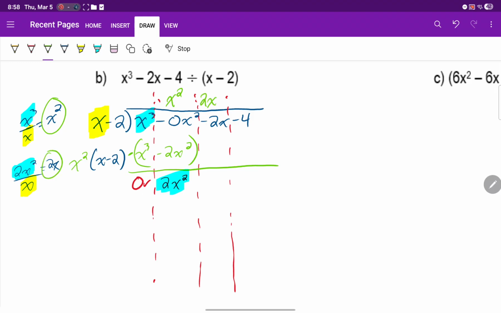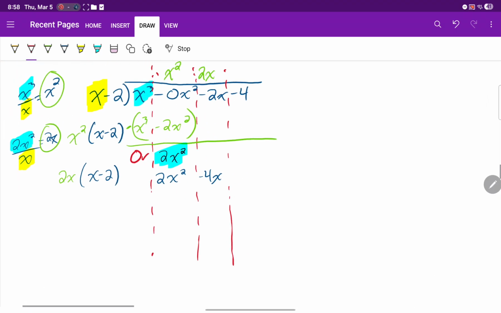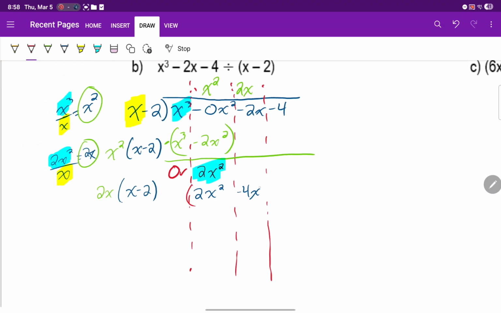Circle that in green, put that up at the top, 2x. Perfect. I put the number at the top. I'm going to go 2x times my divisor, which is x minus 2. That gives me 2x squared minus 4x. Okay, whoops. I'm going to do my subtraction. 2x squared minus 2x squared is 0.